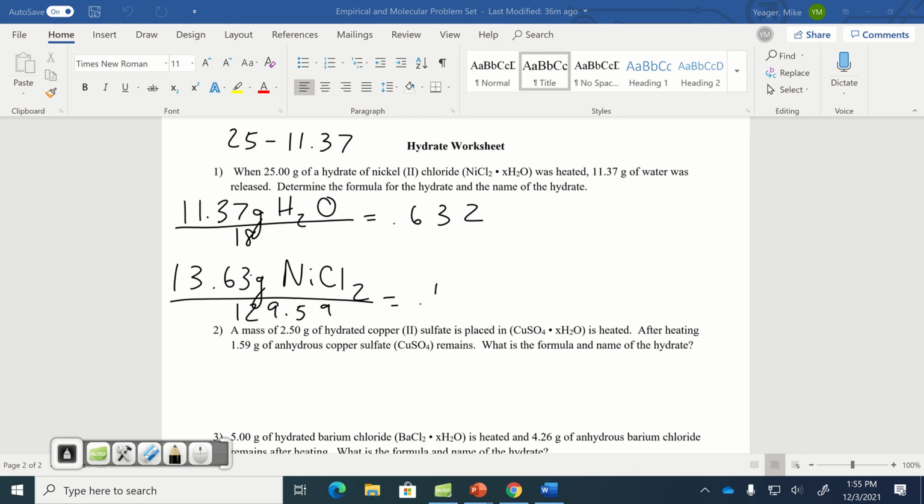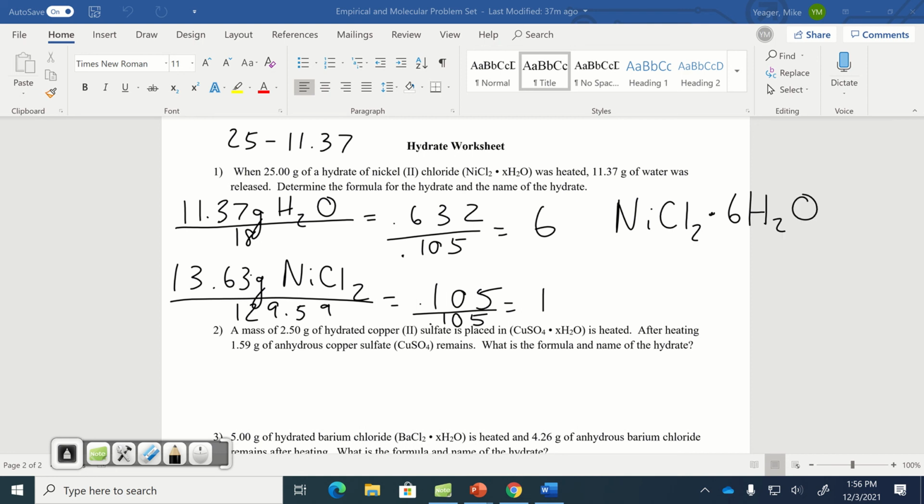Comes out to 0.105. I divide by the smaller number into both, basically, the number of moles. I should always come out to 1 for the ionic compound. And the other one basically comes out to 6. So what does that mean? My formula is nickel(II) chloride hexahydrate. And that's how you solve for hydrates.